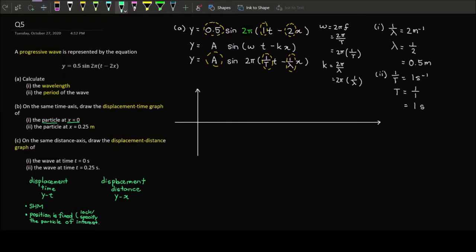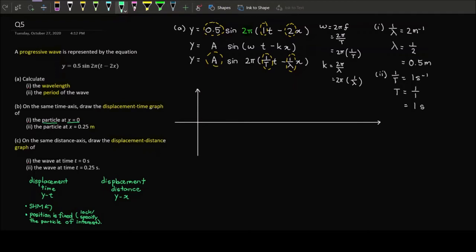They want to investigate the SHM motion of this particle, because along the wave, you can think of it as a series of particles. So by fixing a position, you are fixing the particle which is at that particular position.